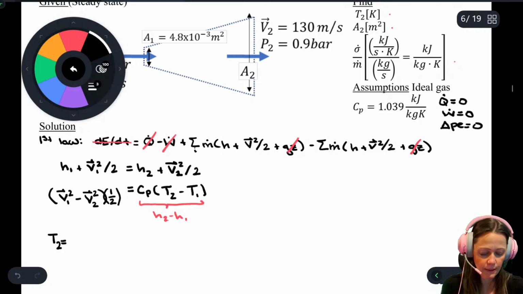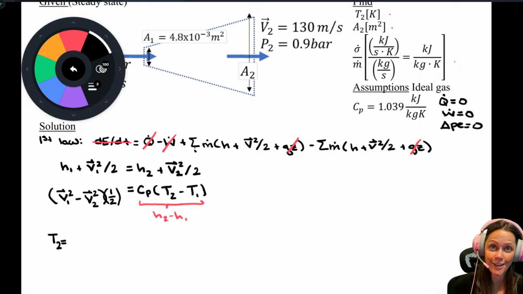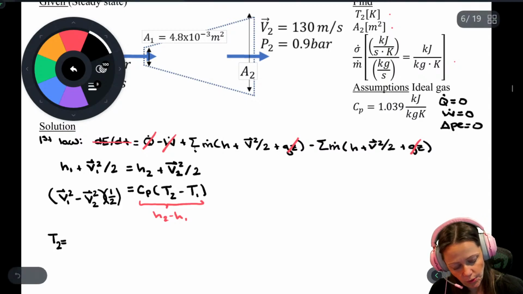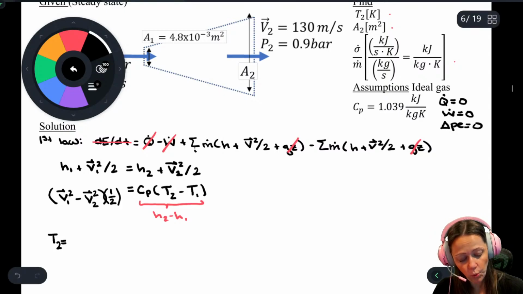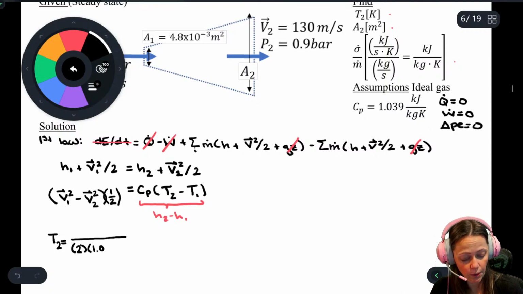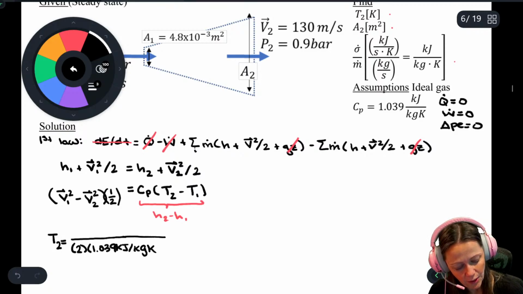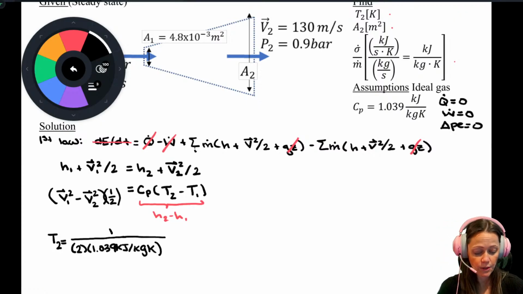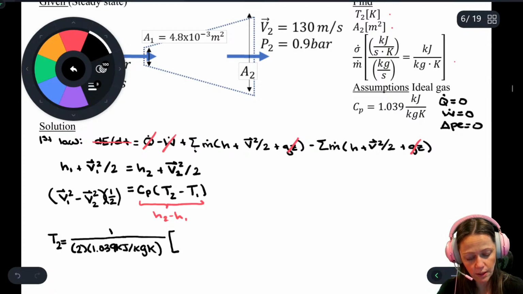It's going to be the whole left-hand side divided by CP, and then we add T1 to it. So it'll be 1 over 2 times our CP, and our CP is 1.039 kilojoules per kilogram K, times V1 squared minus V2 squared.